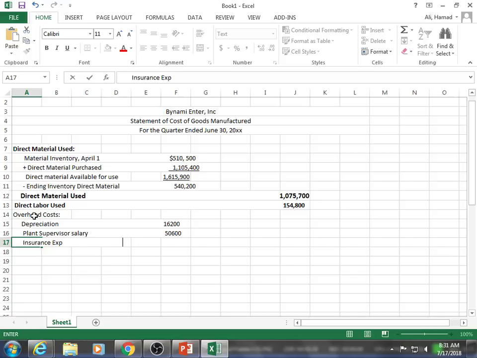Yes, sir. 1,100. Next, after insurance expense on the plant and equipment, there's utilities expense. All of these are indirect costs or overhead. How much was it? 4,000.